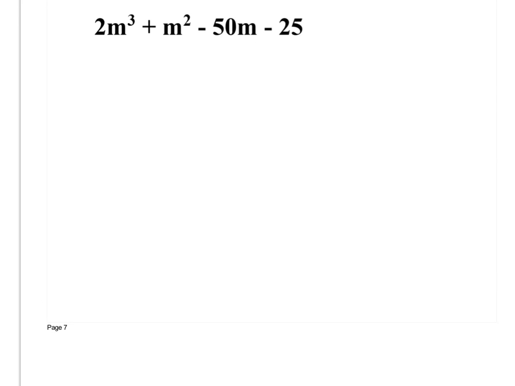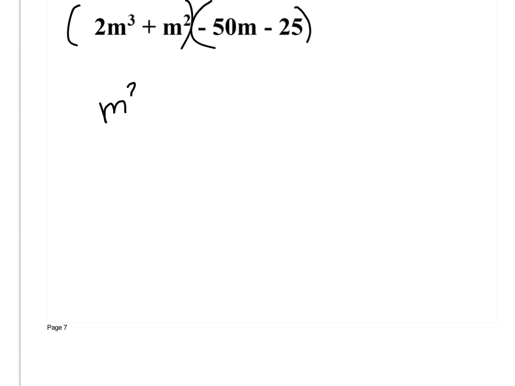2m cubed plus m squared plus 50m minus 25. Is there anything that factors out? No. M doesn't factor out. 2, 5, none of that factors out. So what I do is I group these. What can I take out of 2m cubed and m squared? What's the greatest common factor?